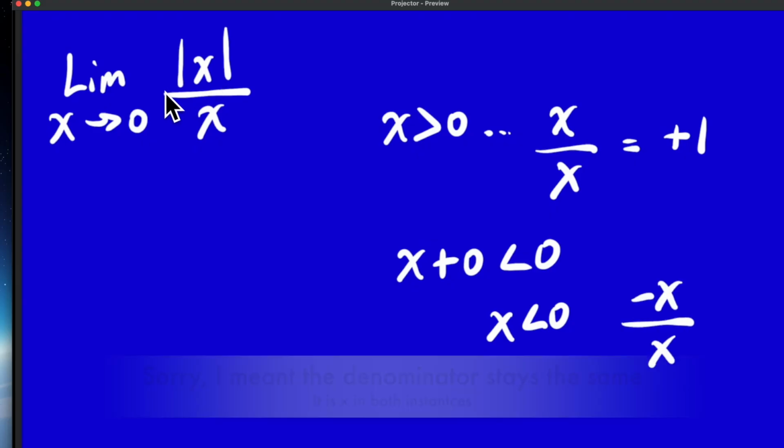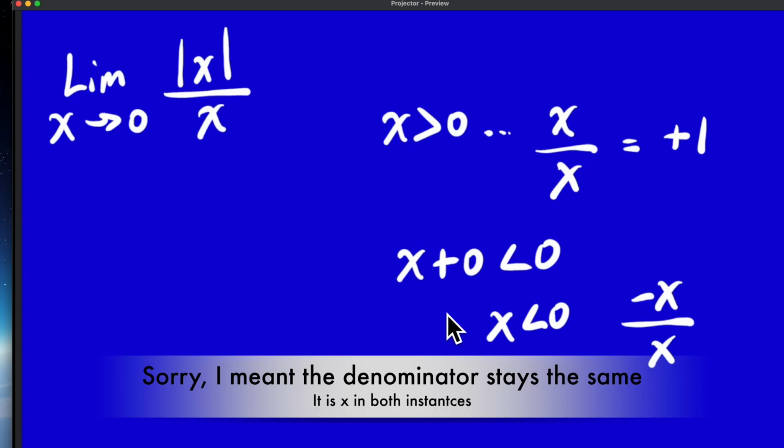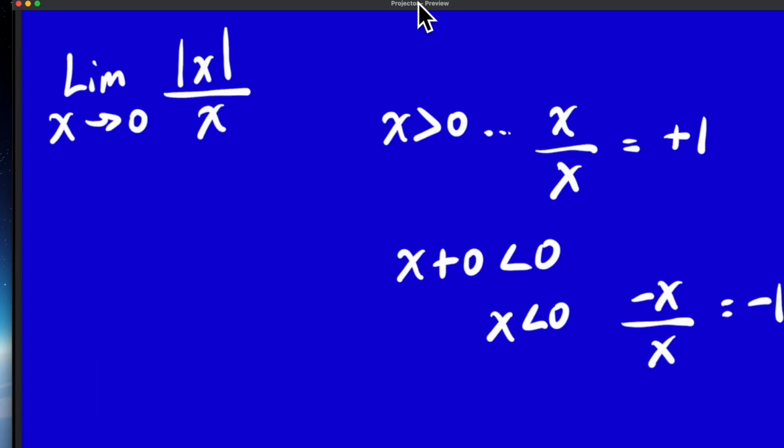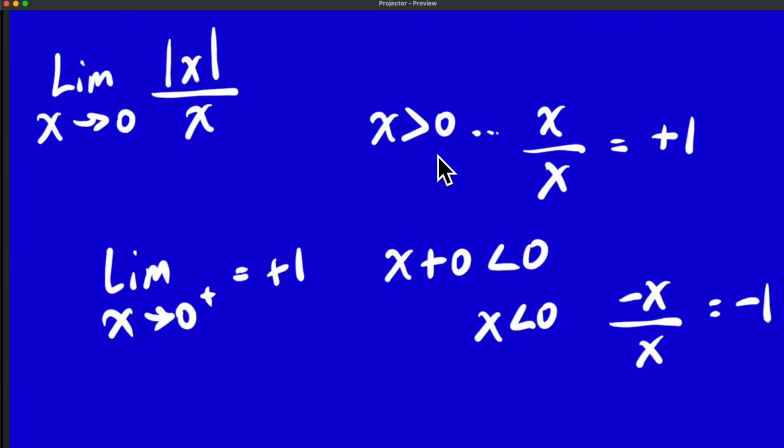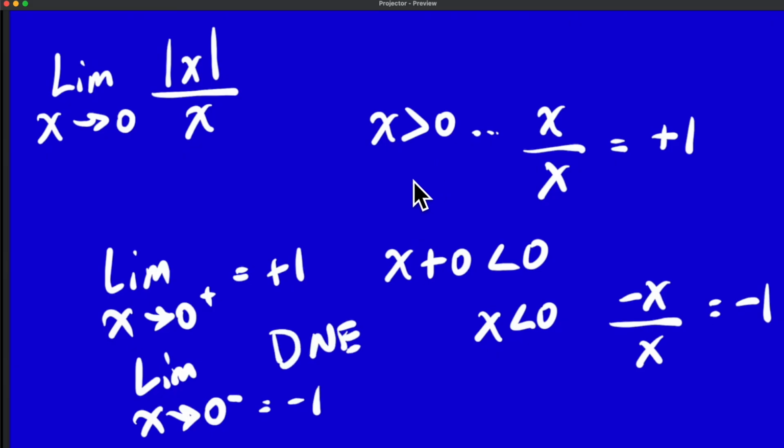The numerator stays as x both times because that's not involved with the absolute value, and you're going to get negative 1. Therefore, the limit as x approaches 0 from the right is this, positive 1. However, the limit as x approaches 0 from the left is negative 1. Therefore, this limit does not exist.